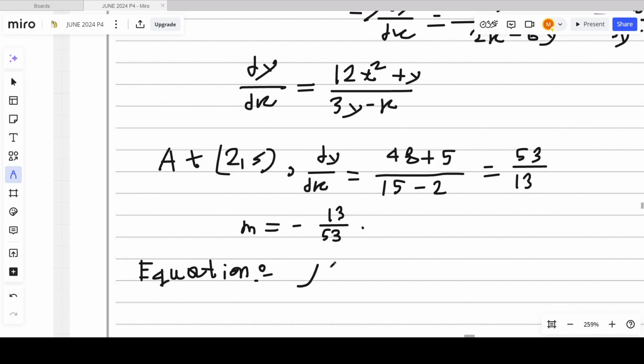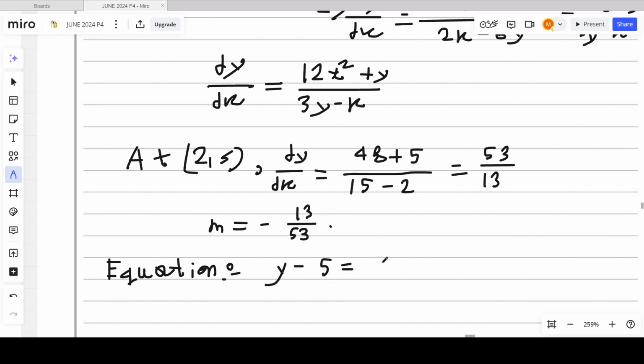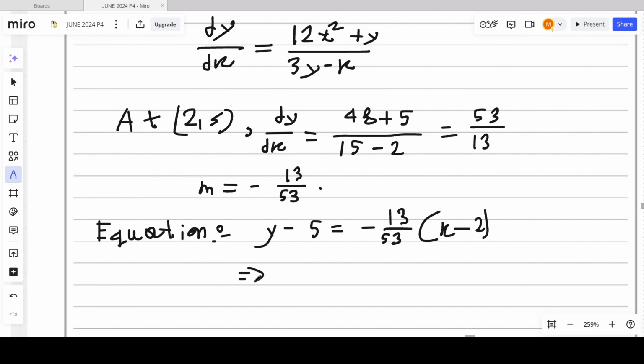So y minus 5 equals negative 13 over 53 times (x minus 2). Now multiply both sides by 53. 53y minus 5 times 53, which is 265, equals negative 13x plus 26.